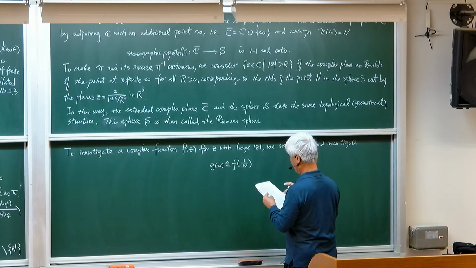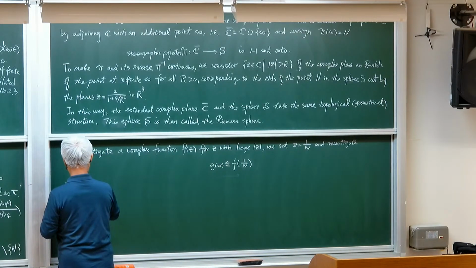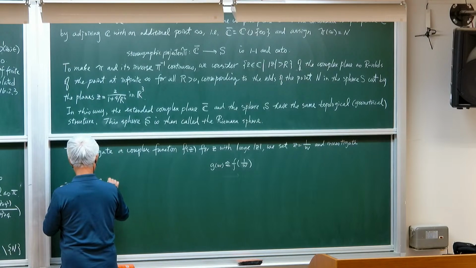So z is 1 over w, in a neighborhood of w equal to 0.